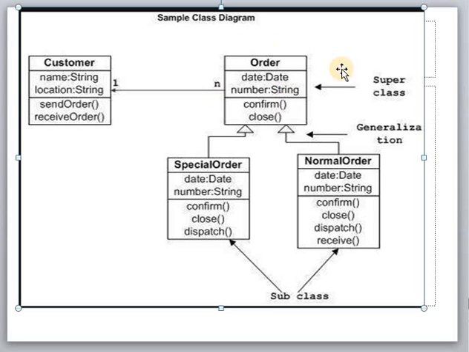So order is basically the parent class, and special order and normal order are the generalized classes, also called subclass 1 and subclass 2. The type of relationship between these three classes is the generalization relationship, where the child classes inherit from the parent class.